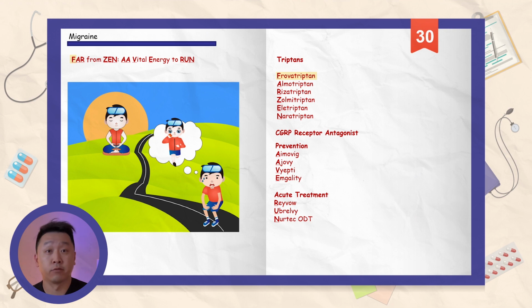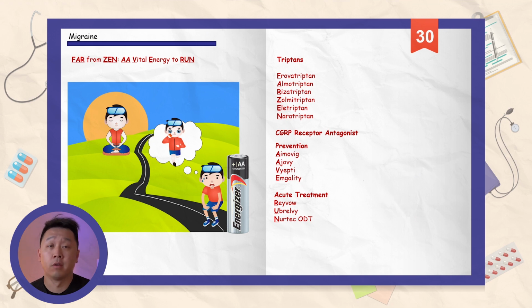So F stands for frovatriptan, A stands for almotriptan, R stands for rizatriptan, Z stands for zolmitriptan, E stands for eletriptan, and N stands for naratriptan. The AA is like an energy drink, much like a AA battery that provides you with vital energy to continue to run, since one is far from Zen.